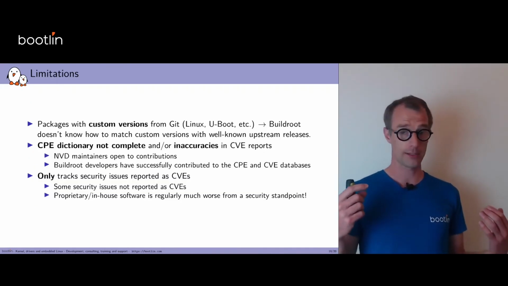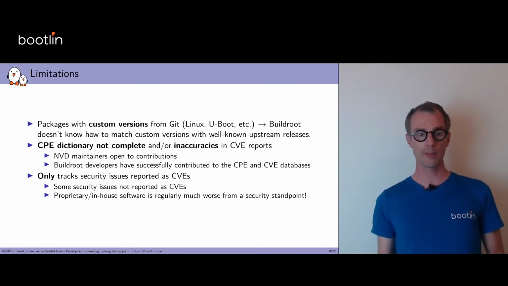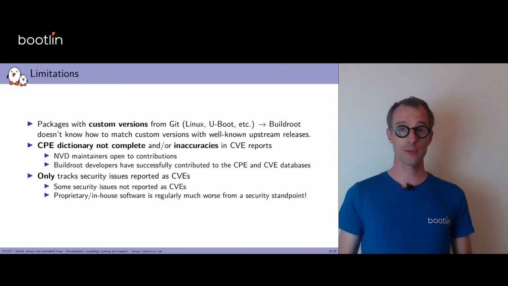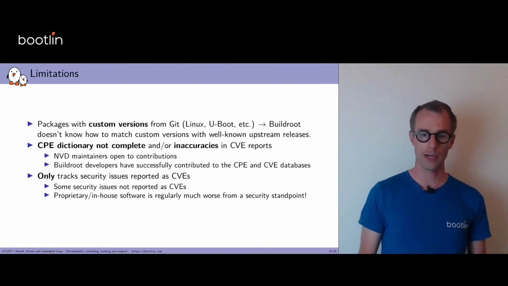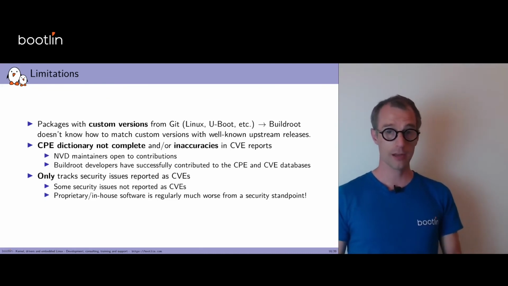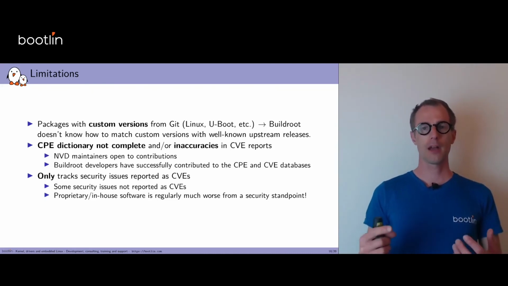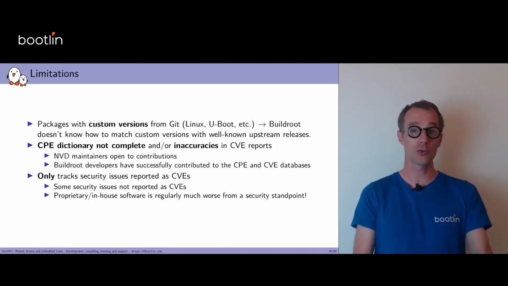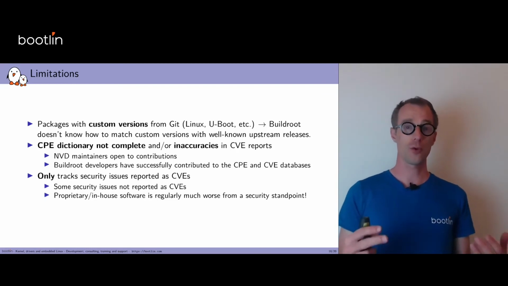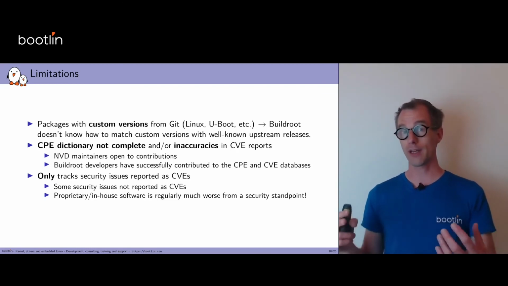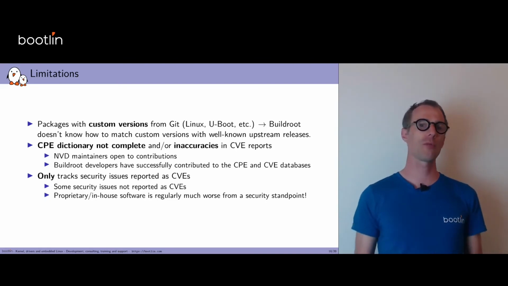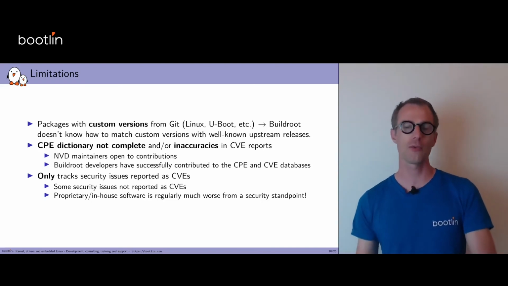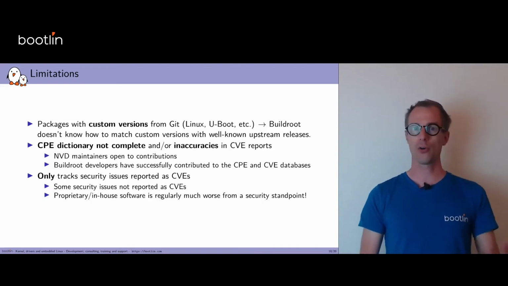Nevertheless, that tooling is great, but it does have a few limitations. First, the packages where custom versions can be specified will not be handled really well. There are only a few packages of that nature in Buildroot, and those are mostly hardware-related packages like Linux, U-Boot, Barebox, ARM Trusted Firmware, for example. Because for those packages that are typically tightly coupled with the hardware, it is very common for users to use non-official versions because you have a fork of the kernel for your specific board or SoC or another reason.